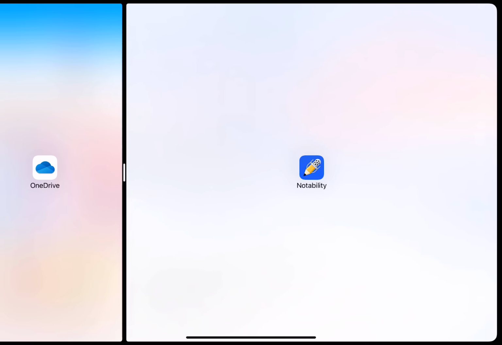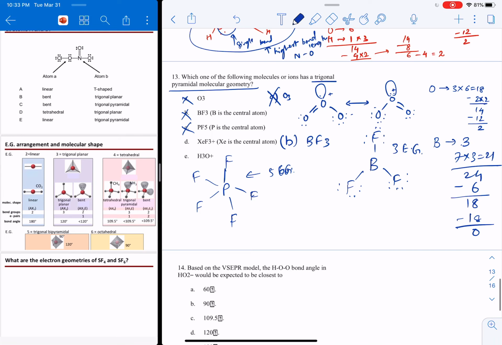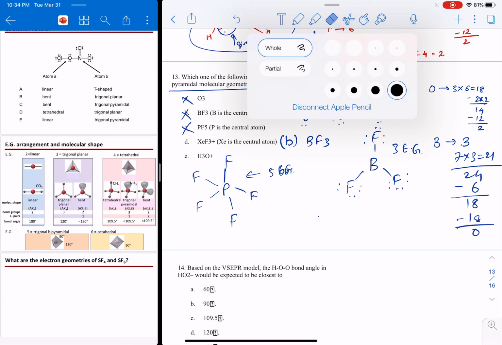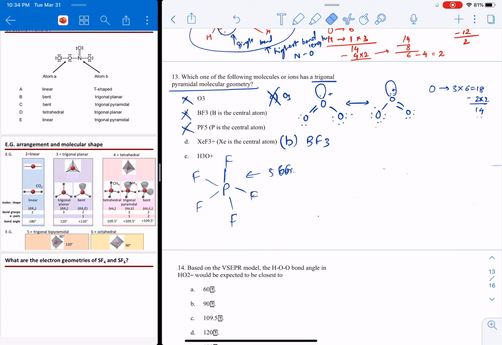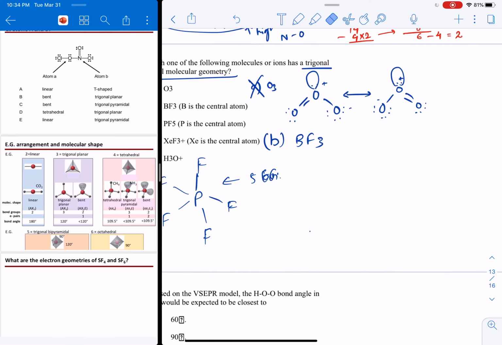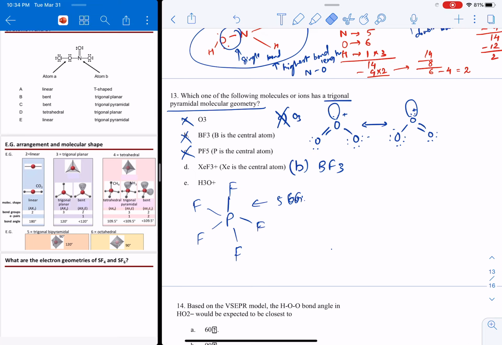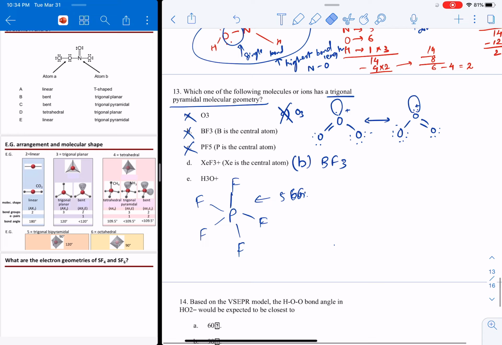Next, moving on to XeF3+. So here let me show you what XeF3+ looks like. First I will erase the earlier calculations so you know what we are doing. Okay, so let's do XeF3+. I'm keeping the left side open. So we have Xe that has 8 electrons.